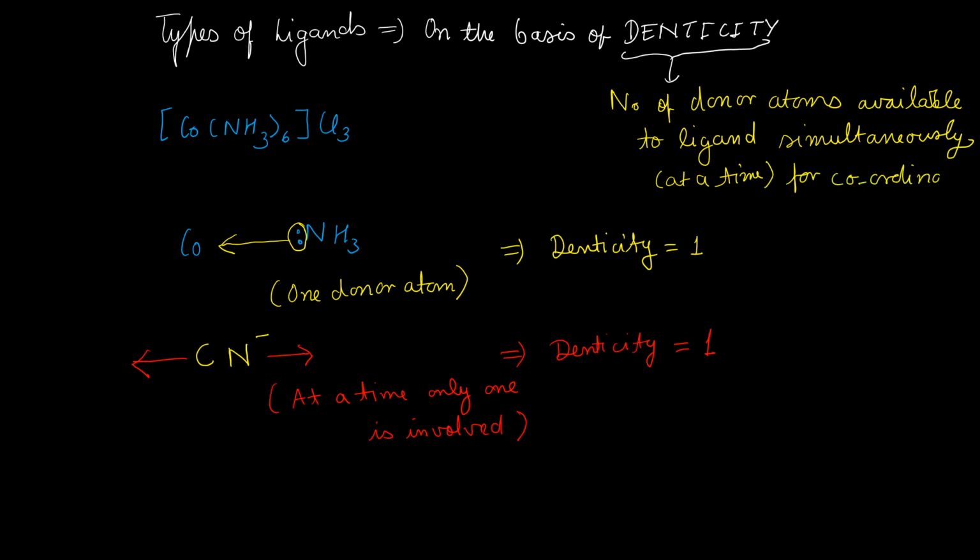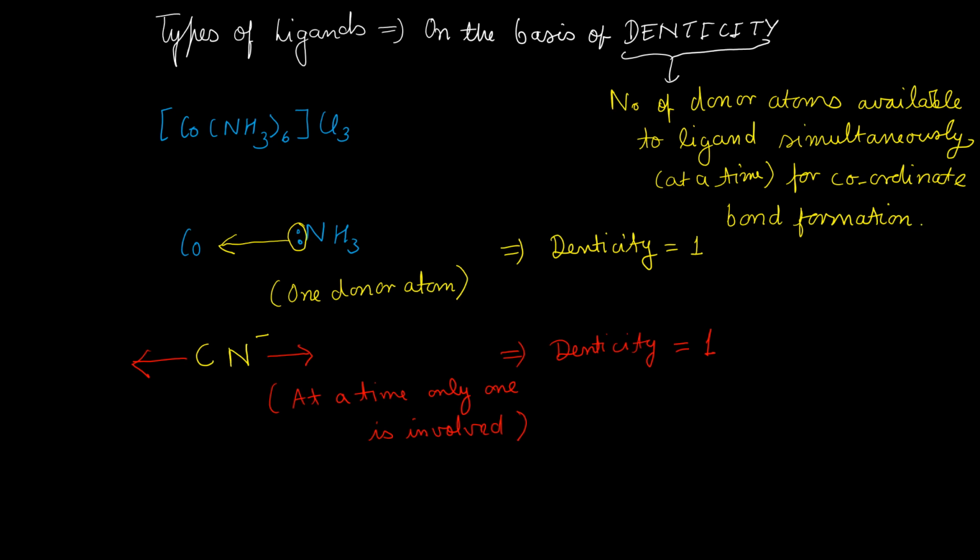Whenever I say bond, it means I am talking about coordinate bond only, because coordination compounds have only coordinate bond in them. So number of donor atoms available to ligand simultaneously, or you can say at a time, for coordinate bond formation, that is called as denticity.